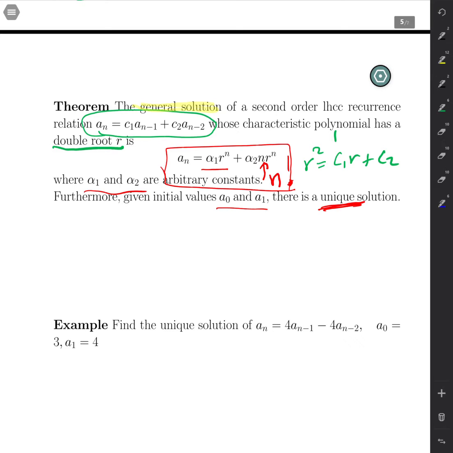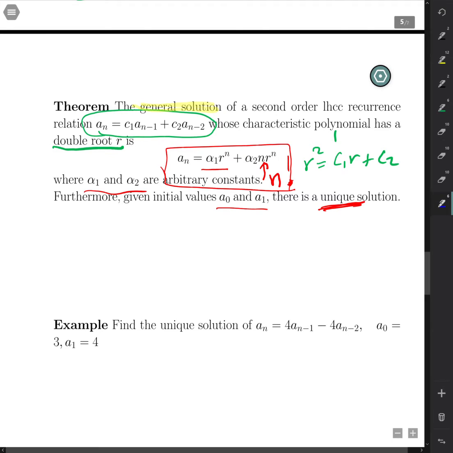Well, in order for the characteristic equation to have a double root, the characteristic polynomial would have to have the form (x minus r) squared, like so. So r, a particular r, is a double root. Now I'm using x here as the variable, whereas we've used r before, but I wanted to emphasize that this r is the double root of it.